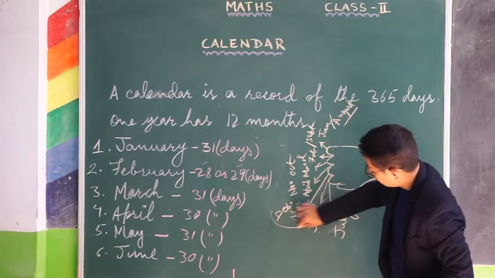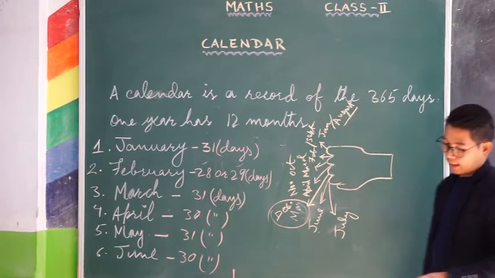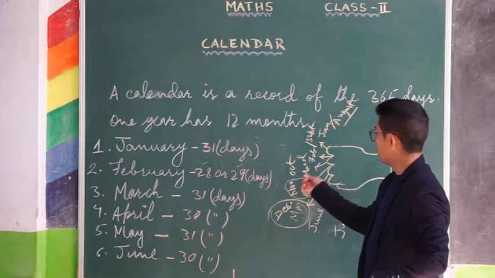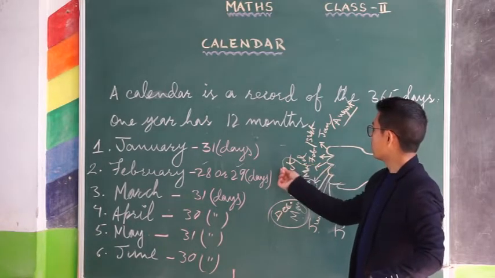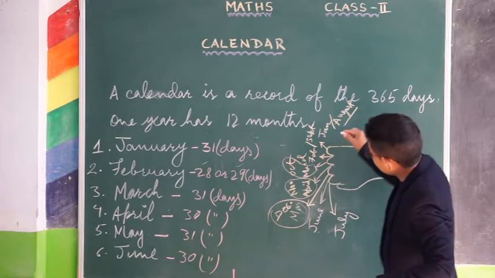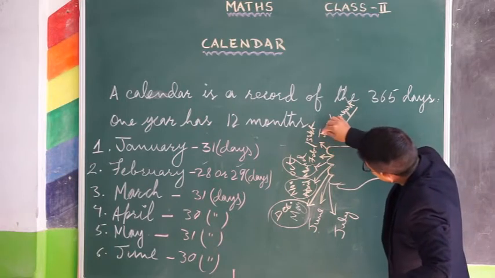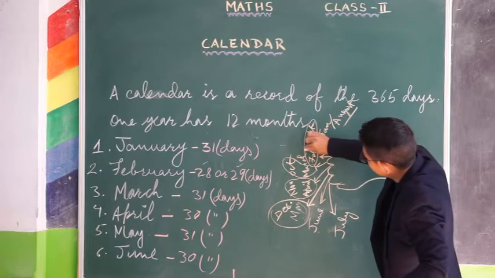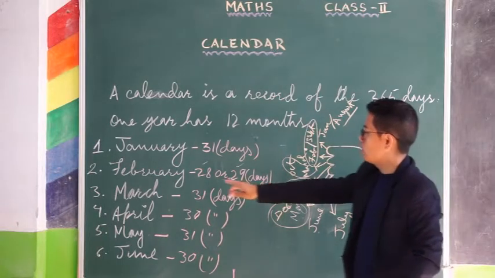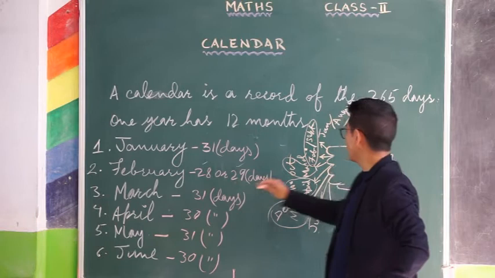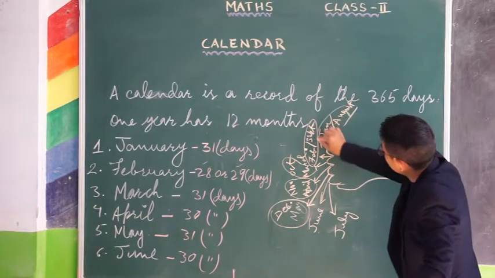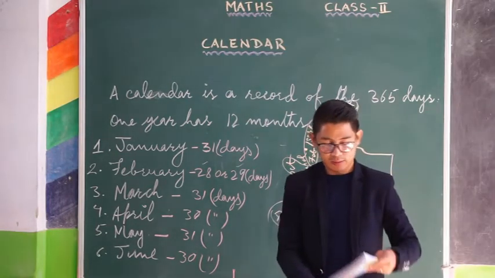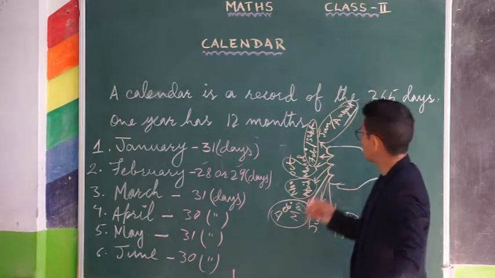Okay, so see this: May and December, April and November, March and October. Okay, then February and September. Now leave this February. Because I have already told you February has 28 or 29 days. Now January and August, 31 days. Okay, 31 days.